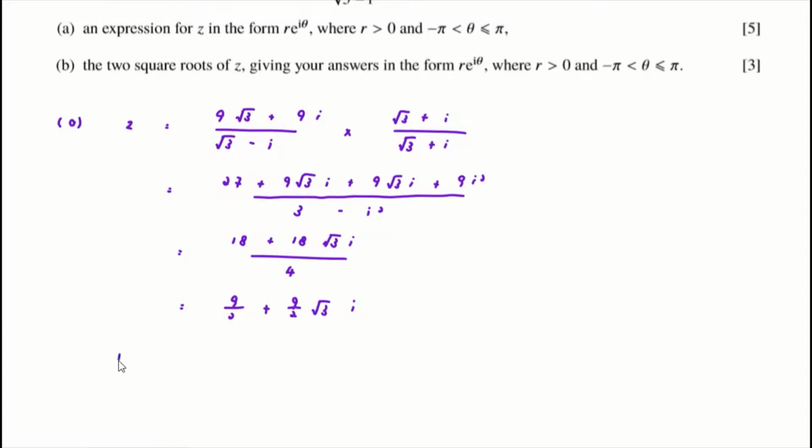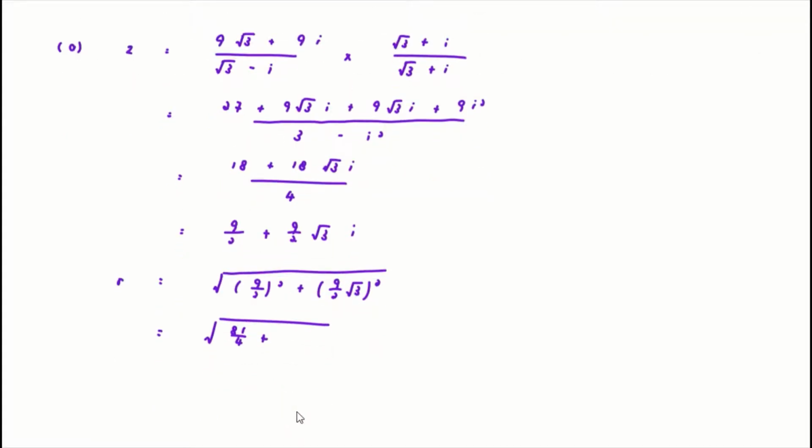So let's start with r, which is the modulus. So the modulus is the square root of (9 over 2) squared plus (9 over 2 square root 3) squared. Okay, so for this part we'll be able to get 81 over 4 plus 81 over 4 times 3, so that's 243 over 4.